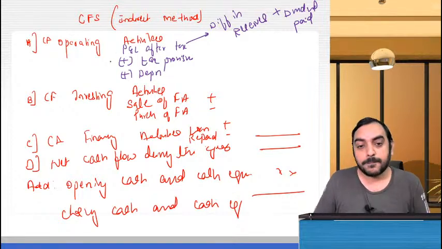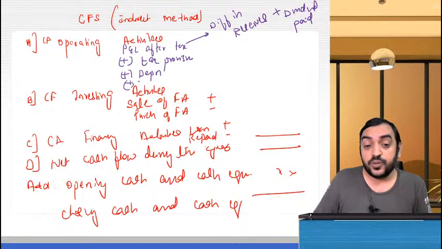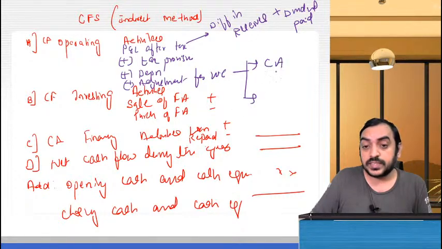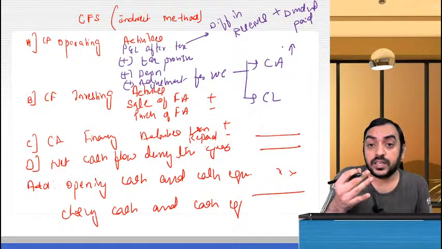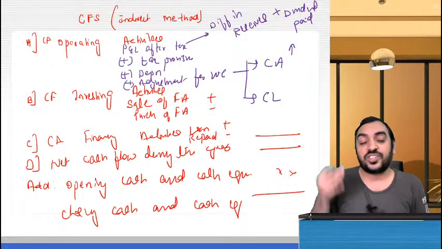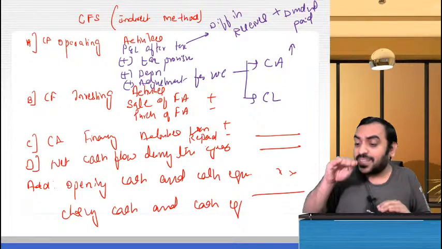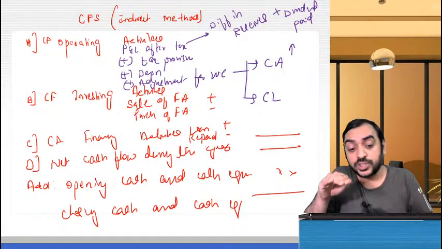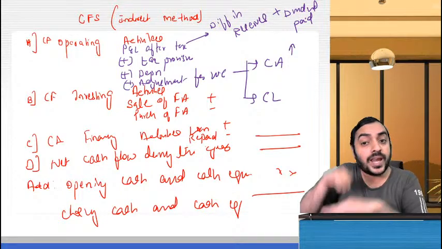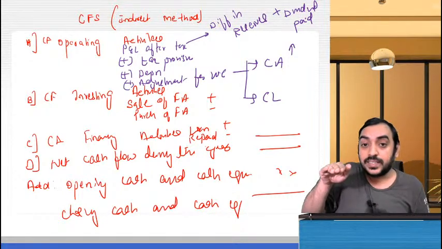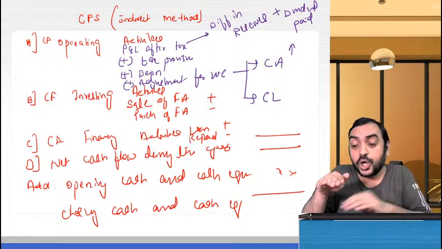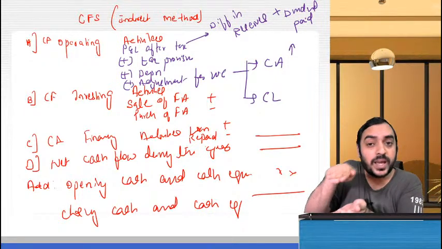Similarly, we do adjustments. More importantly, we do adjustment for working capital. This is more interesting. Current assets, current liabilities. When current assets increase, like a stock increase, you treat it like a stock purchase. Why is that? You remember the accounting equation: when one asset increases, another asset should decrease or a liability should increase, therefore the balance is maintained.